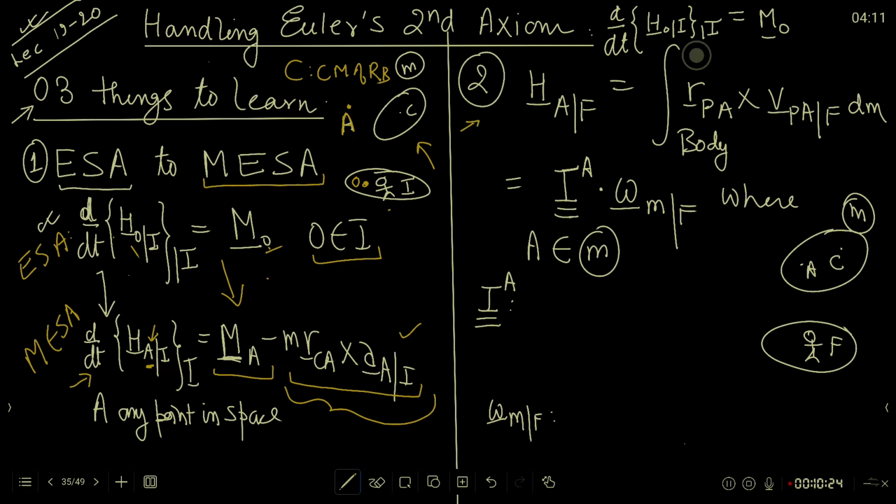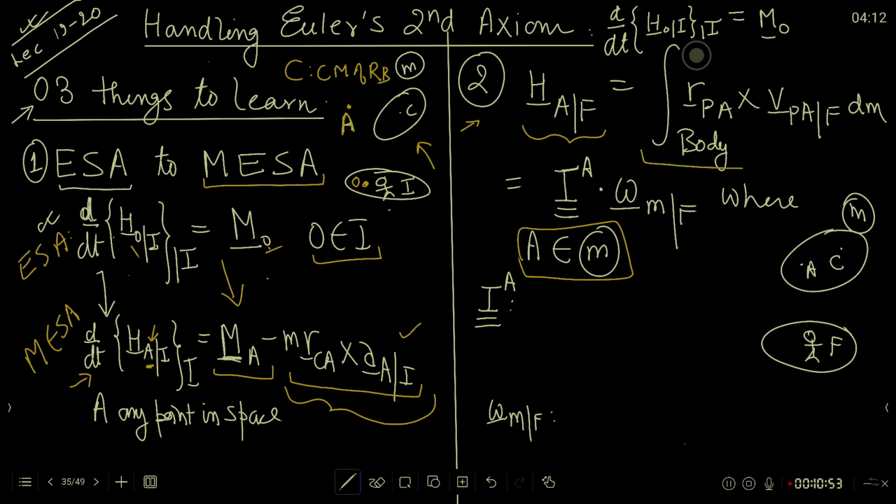Then the second thing we learned, which we finished learning just in the last class, is being able to write the angular momentum of the RB about a point A which is fixed in M in a different way. What do I mean by a different way?